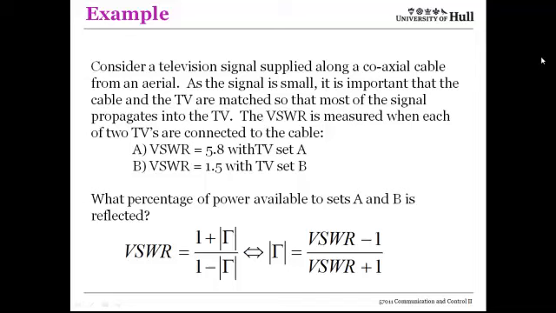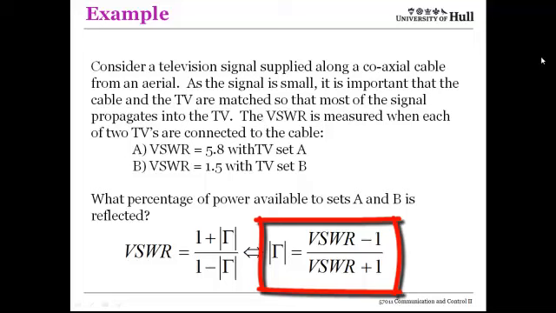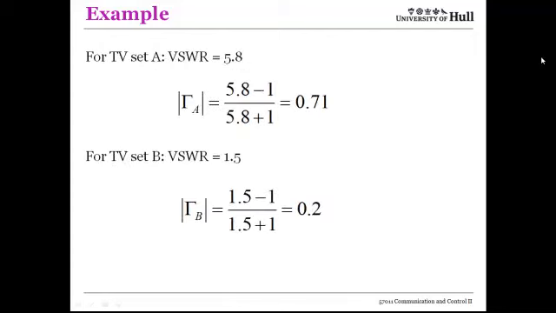Now we can rearrange our expression for voltage standing wave ratio so that we can calculate the reflection coefficient from a measured voltage standing wave ratio. Using this expression, we find that for television set A we get a reflection coefficient of 0.71, but for television B we get a much smaller reflection coefficient of 0.2.